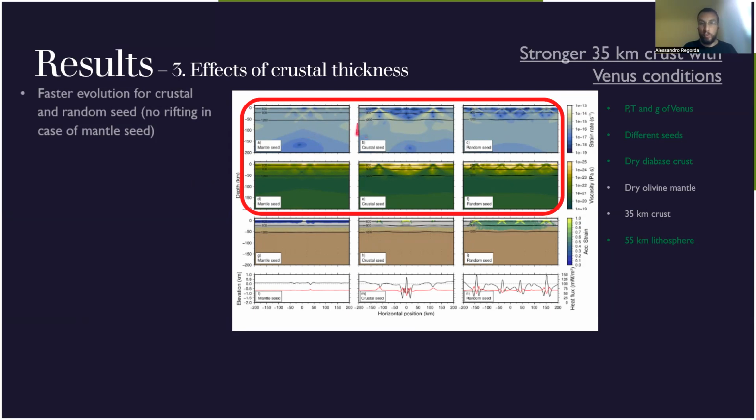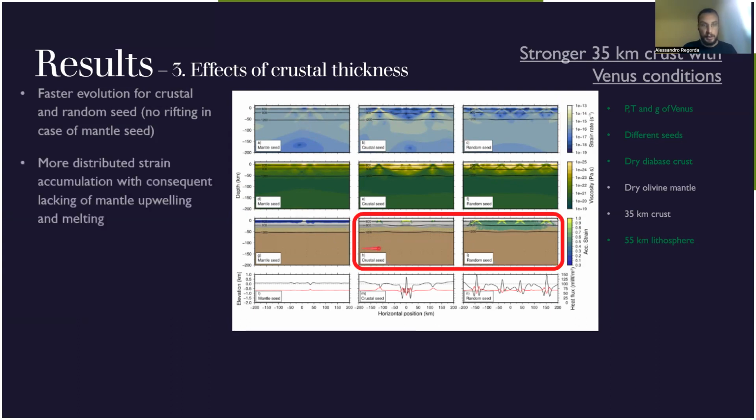It's faster for the crustal seed and the random seed, and in fact they develop these folds characterized by high strain rates, while they are lower in the case of the mantle seed. And in fact, in the case of the mantle seed here, there is no accumulation of strain, while finally we have some strain accumulation for these 2 models.